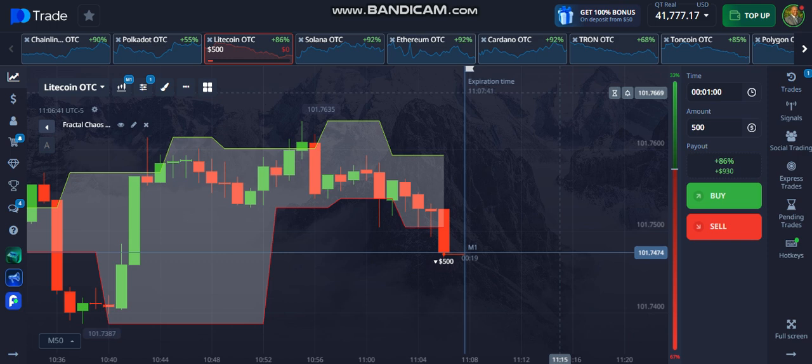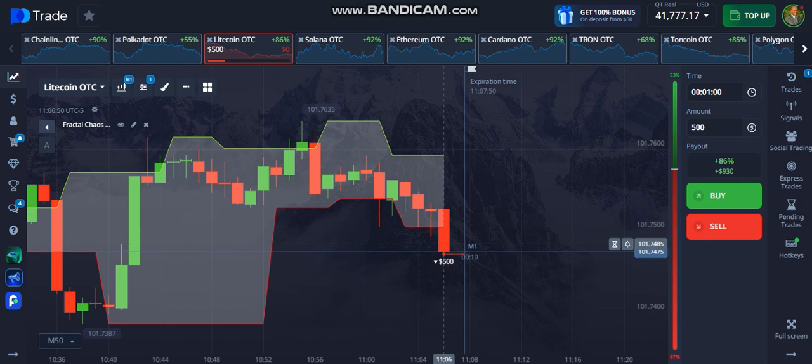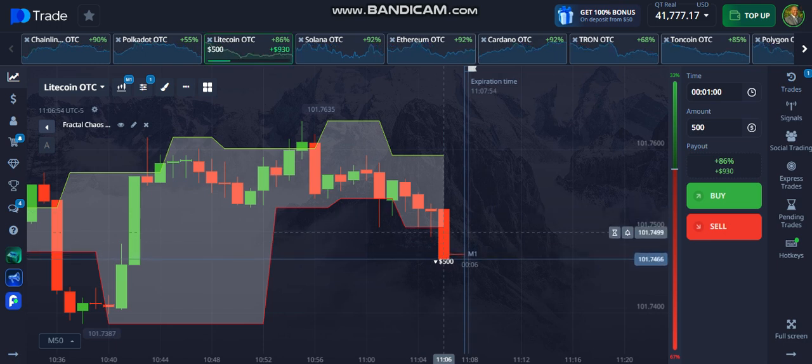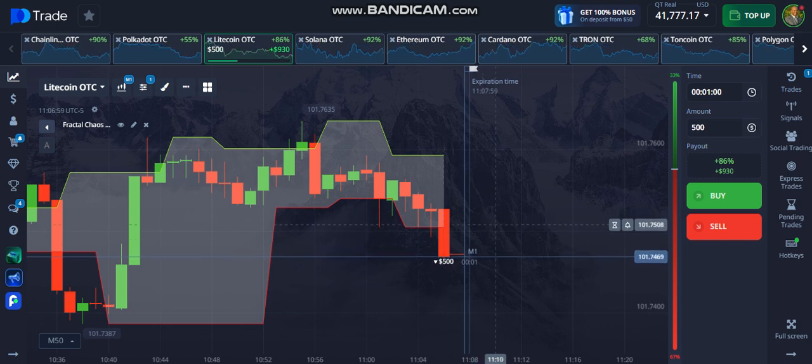Okay, so I'm on Litecoin, and I just took a sell trade or a put trade. And the reason why I took the trade, similarly to the previous trade, I noticed this strong bearish candle pushing outside the lower boundary of the fractal chaos band line.